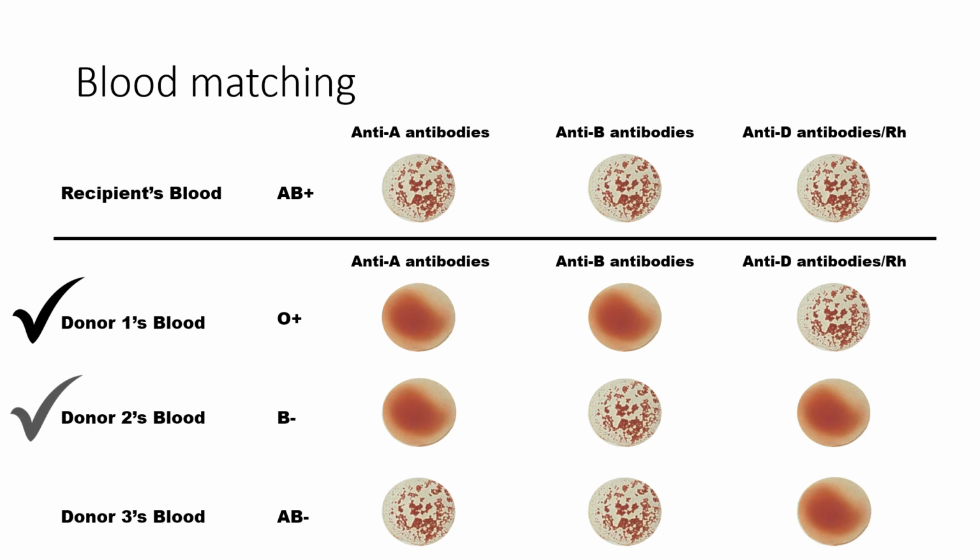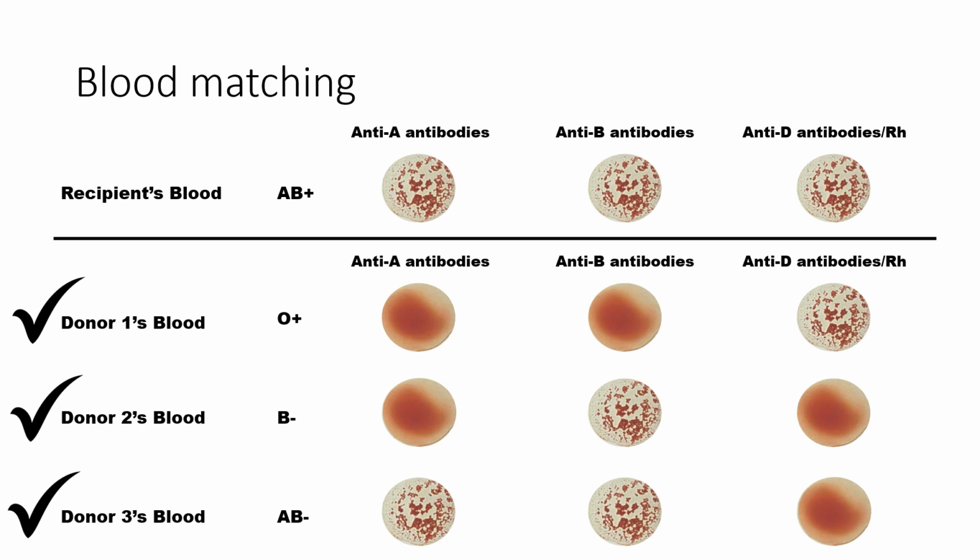So donor number 2 works out just fine too. And if we look at donor number 3, it has antigens A and antigens B, just like our recipient. It's lacking the antigen D, but that's fine because an RH positive recipient can accept RH negative blood. And in this case, we've got all 3 of our donors that can give to our recipient.